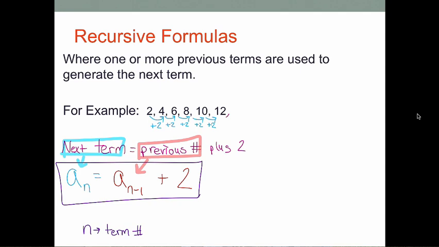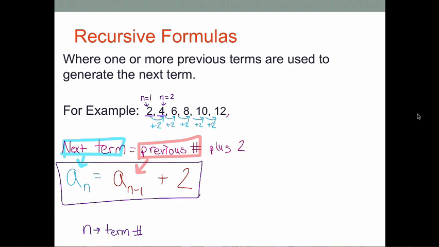So in other words, this value of 2 here that's written first, that is when n is equal to 1. We get this value of 2. My second number in this list, my second term place, is 4. So when n equals 2, I get a value of 4.